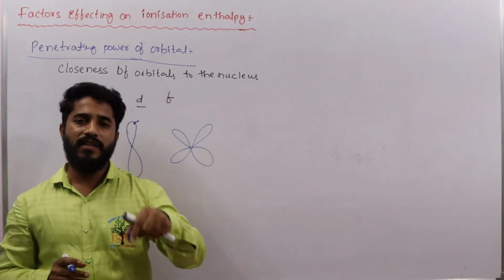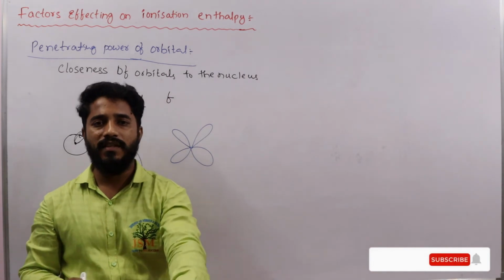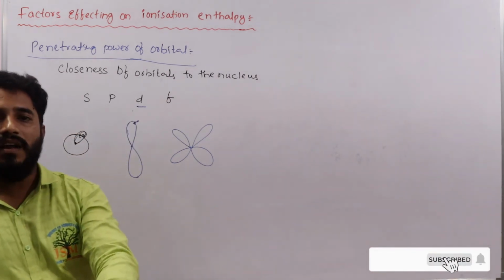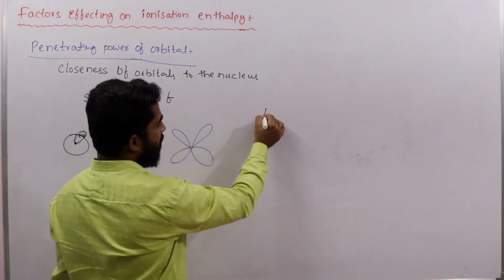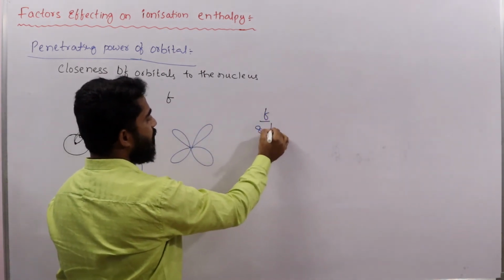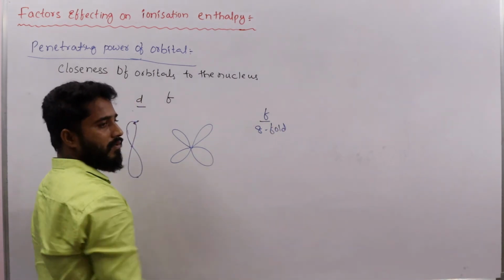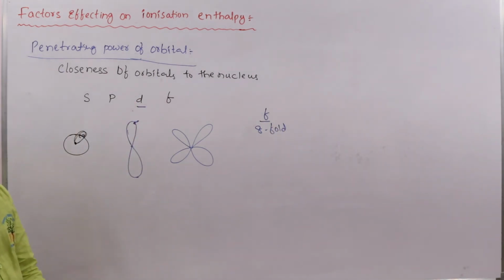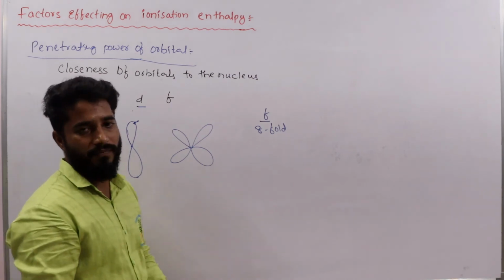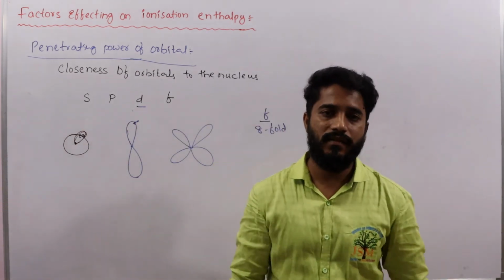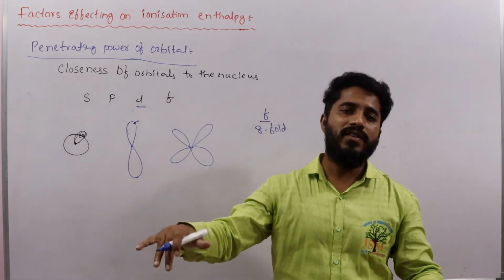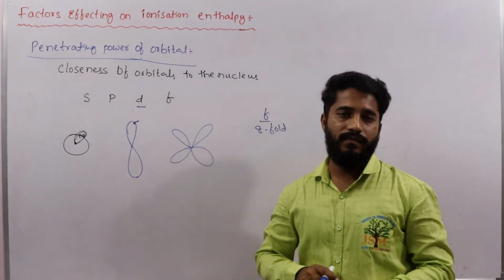That's why nuclear attractions are less. When the nuclear attractions are less, ionization enthalpy decreases. Then if you take the f orbital, the f orbital has an eight-fold type of shape. So the dispersion of the electron is very far away from the nucleus. That's why ionization energy decreases.